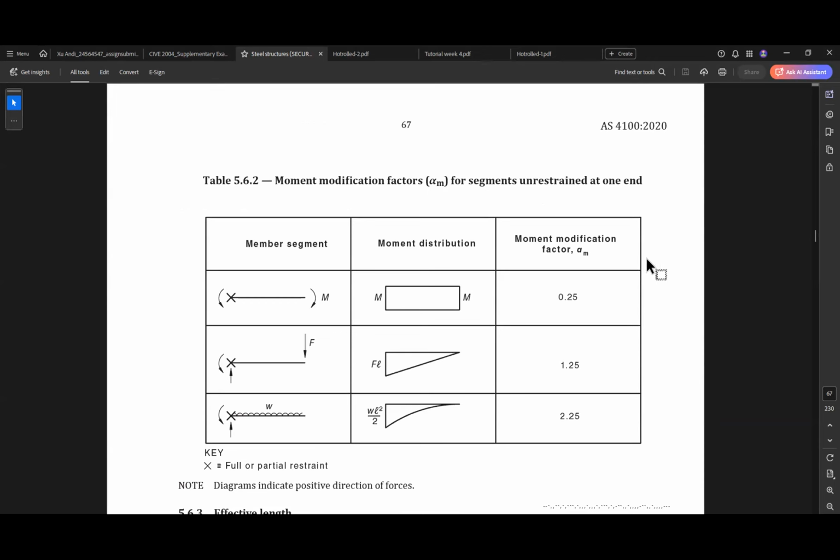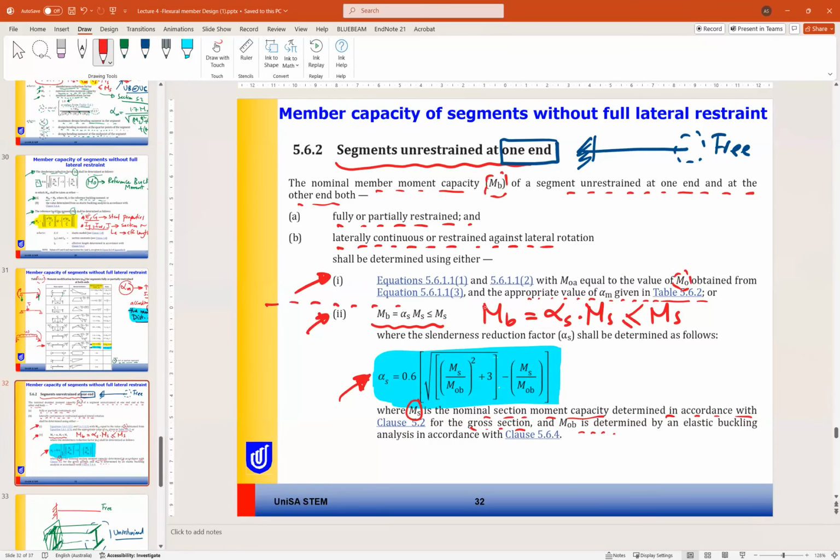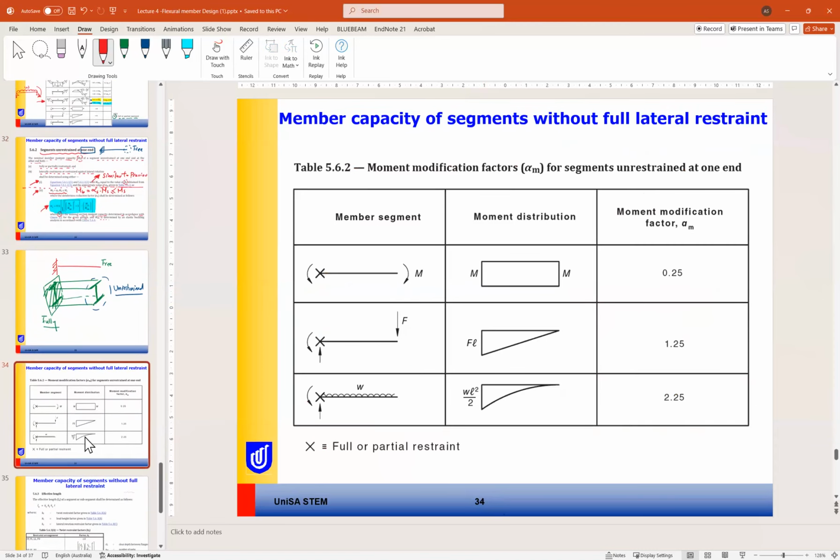So in the cantilever beam, if we go back to our slide, we can use either this option, the one below here, or the first option. The first option is similar to before, but using table 5.6.2.